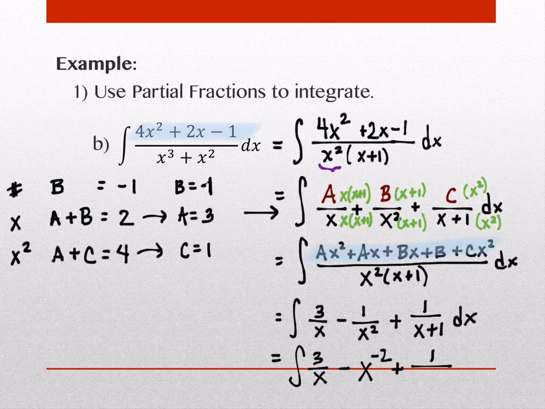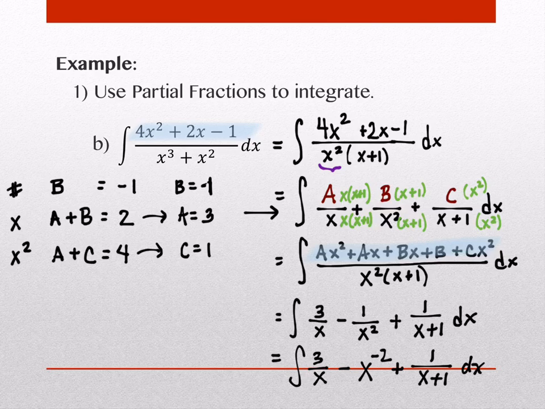The third one is also a log. What is it that makes the third one a log? Why is the first one and the third one a log and the second one's not? What was it, Jaden? Yeah, it's the exponent that tells us, right? The first one and the third one have an exponent of 1 on the x, and the second one an exponent of 2, or -2 as the case may be. Okay, so the first one and the third one are logs. The second one is a power rule.